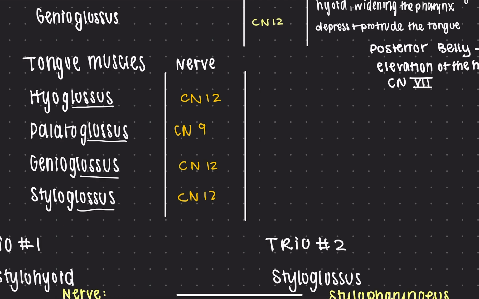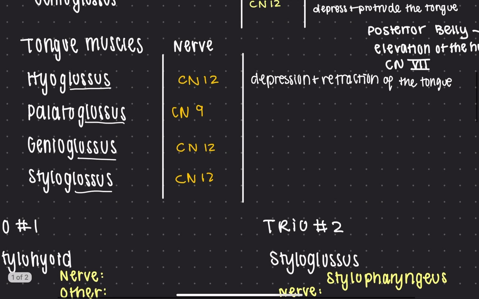So the hyoglossus would do depression plus retraction of the tongue. The palatoglossus does elevation of the posterior 1/3 of the tongue.